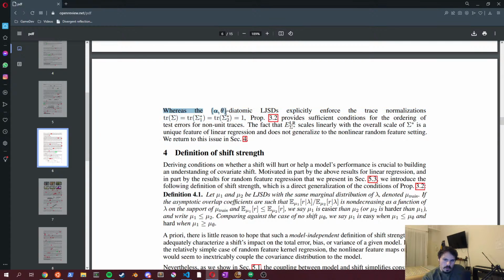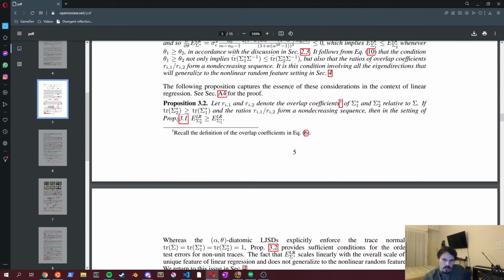All right, when alpha, theta, diatomic LJSDs explicitly enforce the trace normalizations, Prop 3.2 provides a sufficient condition for the ordering of test errors for non-unit traces. The fact that the test error scales linearly with the overall scale of sigma star is a unique feature of linear regression. Oh, okay.